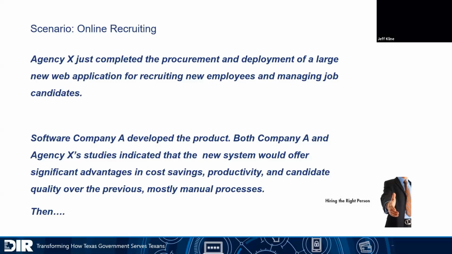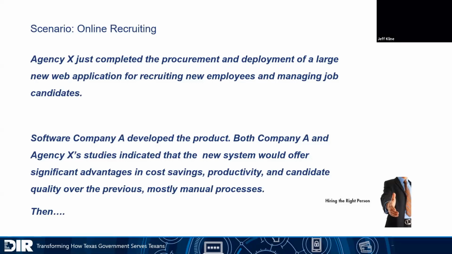Both Company A and the agency did studies that talked about how they were going to gain efficiencies, cost savings, and quality of candidates, et cetera. So they implemented this new application. And of course, they could reduce their HR resources that were involved in recruiting, so they rolled some of them off into some other areas of HR.